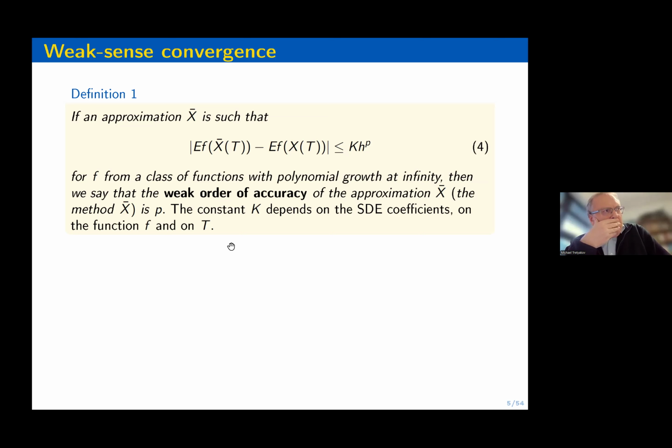Let me answer slightly differently. Our aim is to derive X bar such that this inequality holds. And the degree of the polynomial would be dictated by whether such moments exist for the SDE. But the constant K will depend on a particular polynomial, but not on p, not on the order. I see.